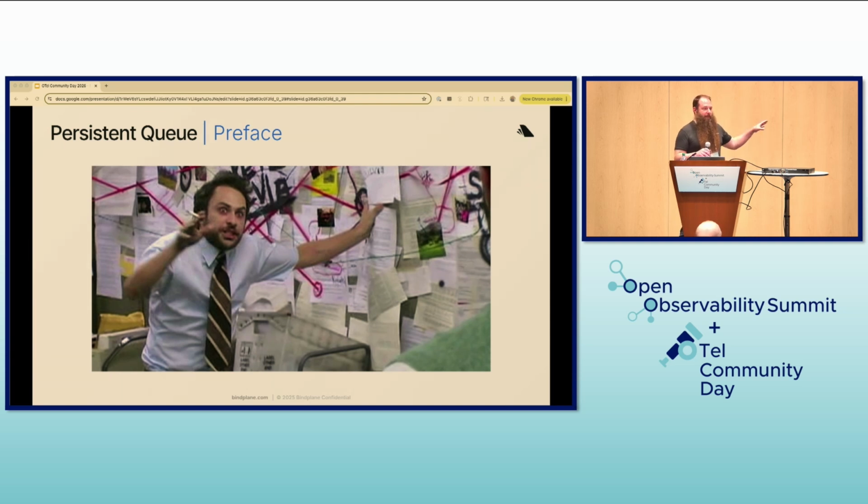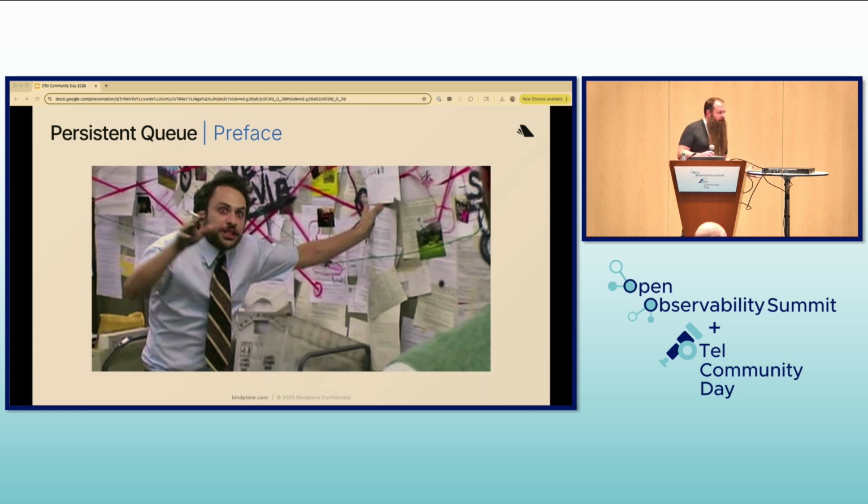And I'm not much of a meme guy. This will be the only meme in this talk, but it felt really applicable as I was preparing for this talk. As you start digging into the underlying components in the collector, or I'll speak for myself, when I start digging into the underlying components of the collector, it really started to feel this way for me. You start thinking about topics such as asynchronicity and how does that play into these various components?